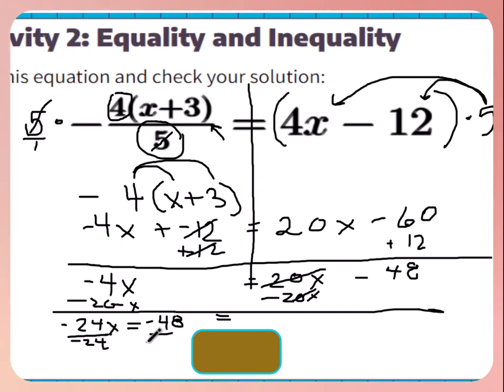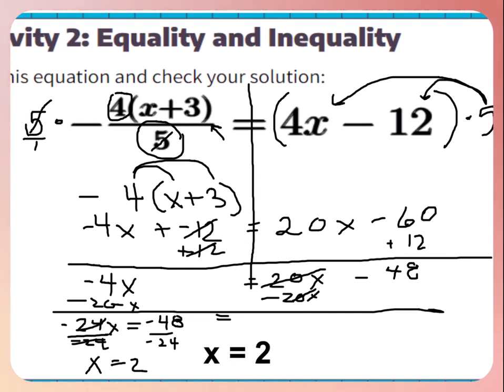A negative divided by a negative is a positive. 24 divided by 24 is 1, anything over itself is 1. So x is equal to a negative divided by a negative is a positive, 48 divided by 24 is 2. And that should be our answer. Let's uncover it and see if we got it correct. All right, we did.